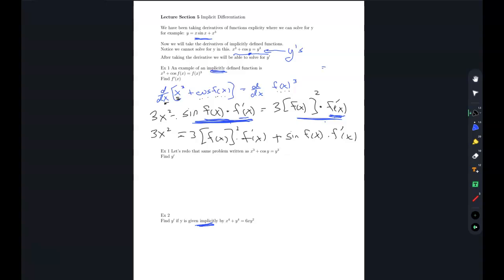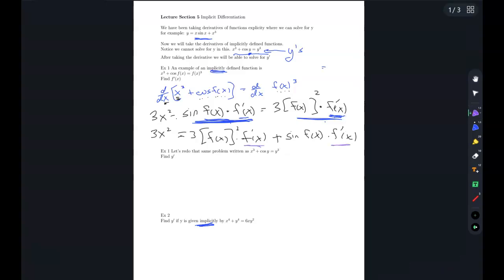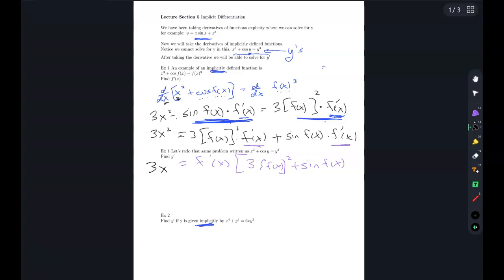And now I want to solve for f prime of x. So let's look and see where the f prime of x's are. It's here and here. So I can factor f prime of x out. What that leaves us with is 3 f of x squared plus sine of f of x. On the left-hand side, the 3x squared just carries along.